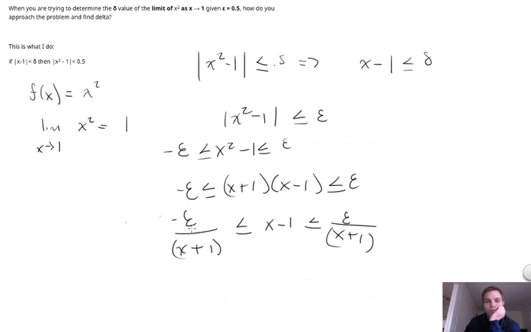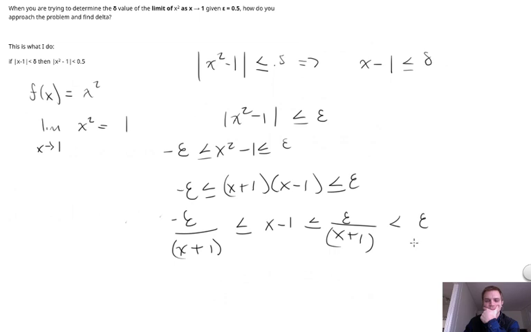Oh no, that's not true for this case. So x minus 1, this would be true. This is always less than epsilon.